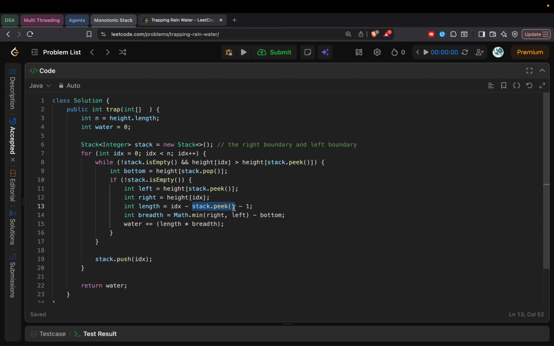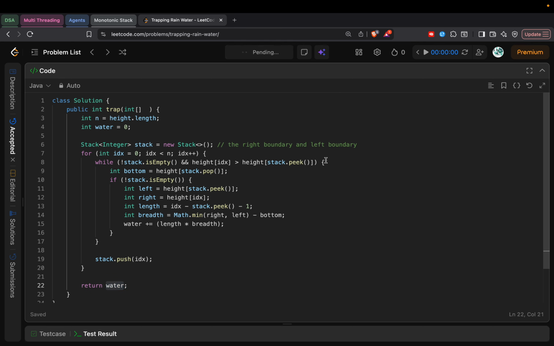Okay, so now that I know my length and my breadth, I can determine the water which can be stored. So that is what I am calculating. Now post processing the elements which are lesser than the right boundary, I am pushing the current index back to the stack so that the current index's right boundary can be determined in the future. Okay, and then my water will contain the total amount of water which can be trapped.